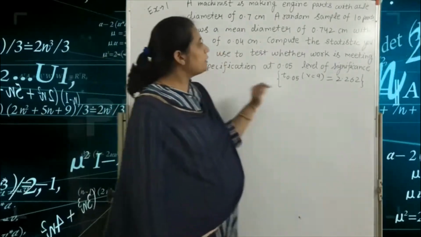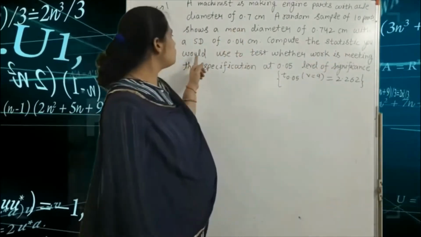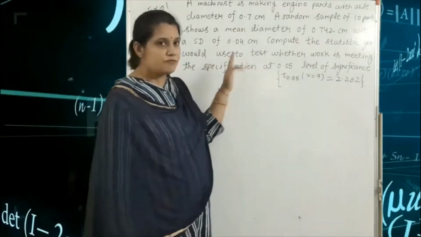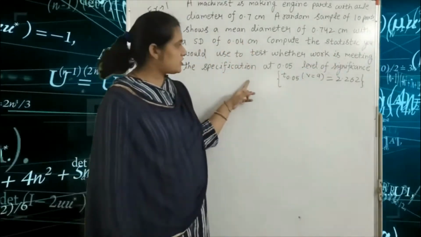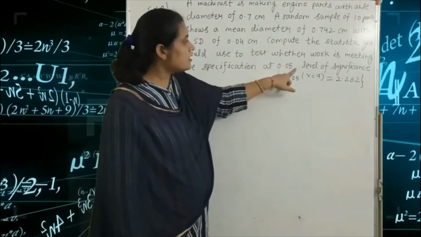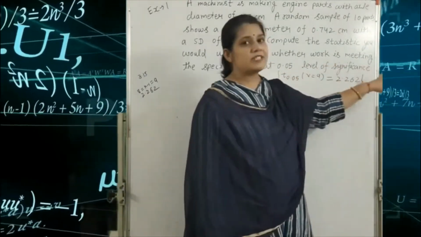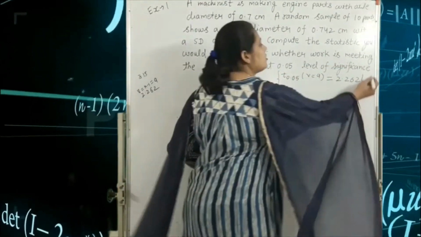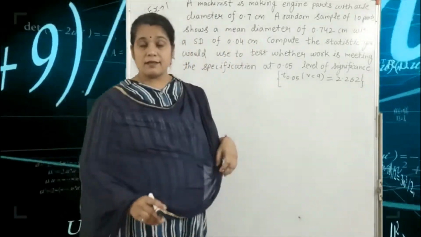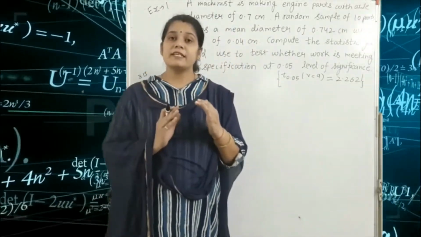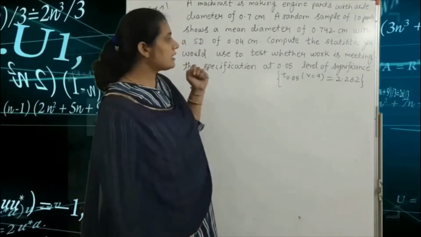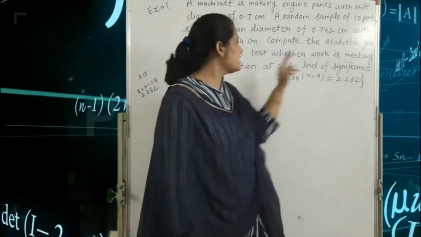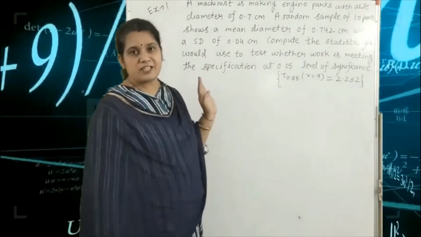Okay, so compute the statistic you would use to test whether work is meeting the specification at 0.05 level of significance. That is, in this question the level of significance is given as 5%. And the claim is what? The claim is work is meeting the specification.